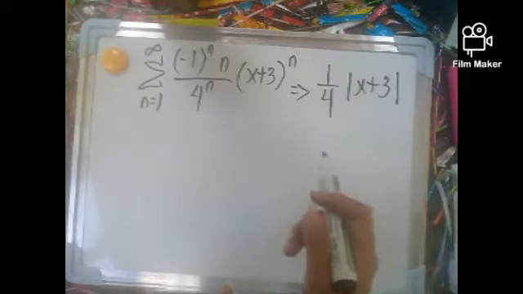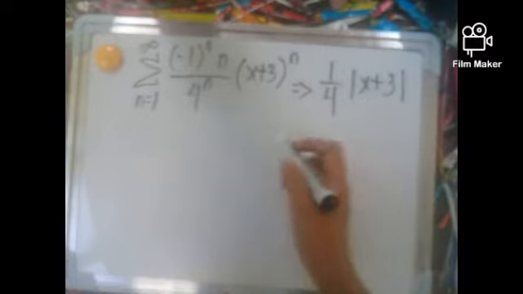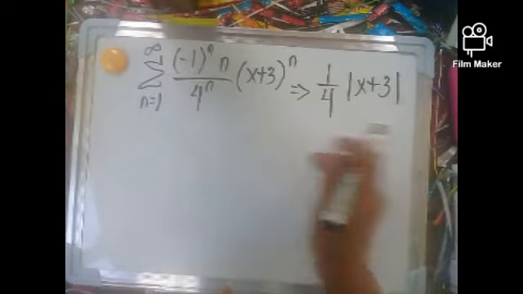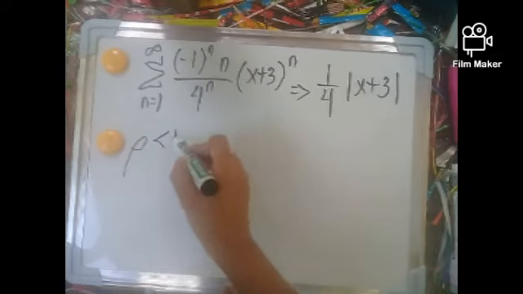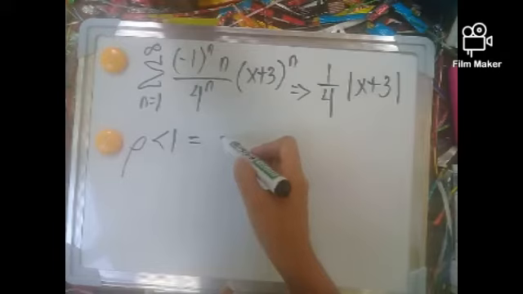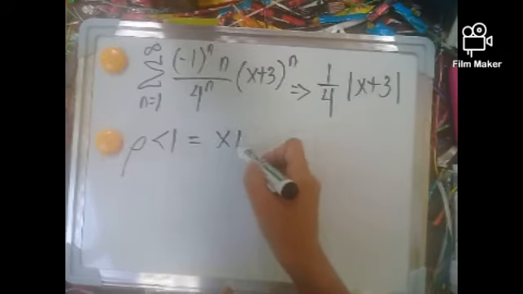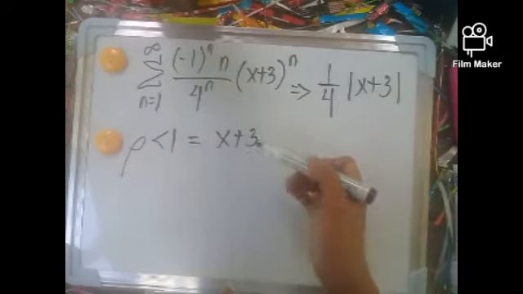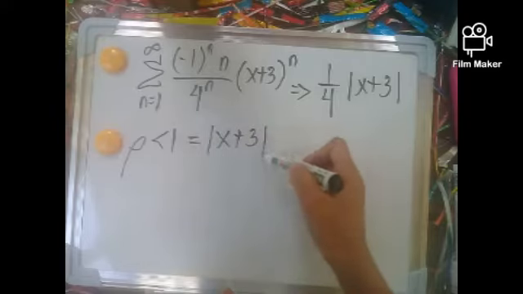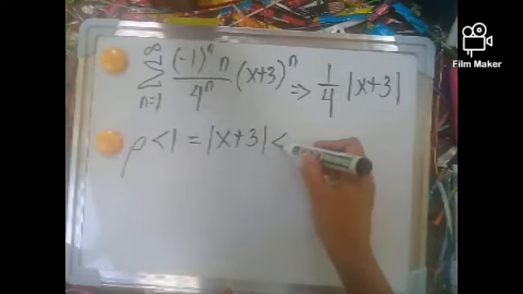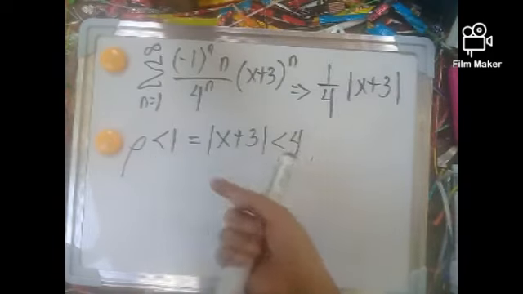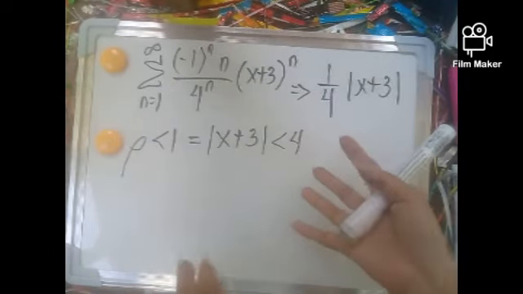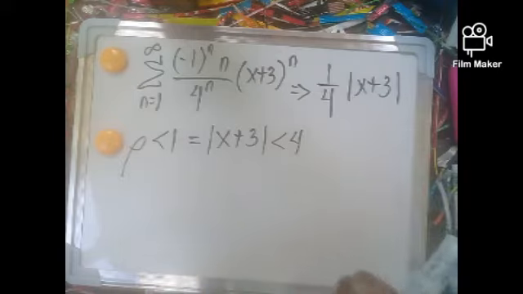So if the rho is less than 1, we have the absolute value of x plus 3 is less than 4. And ganyan lagi pag ang rho is less than 1. So, kapag ganito yung expression na natin, nag-converge siya. Okay?